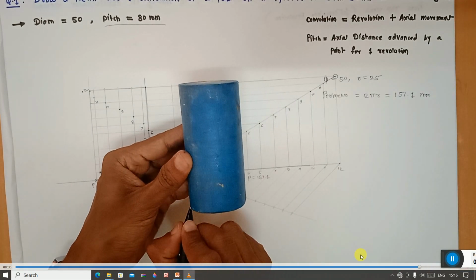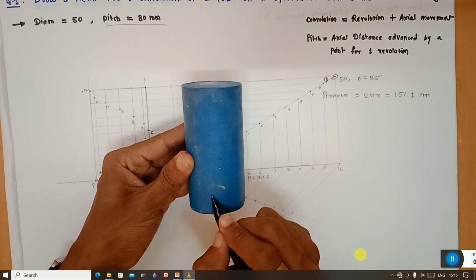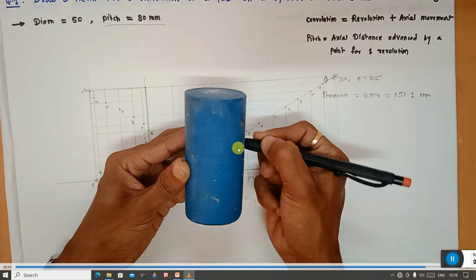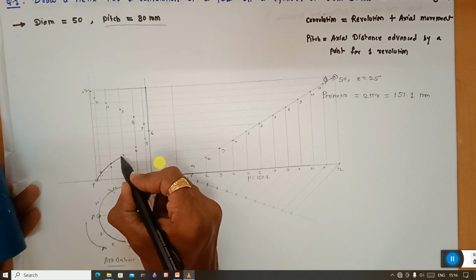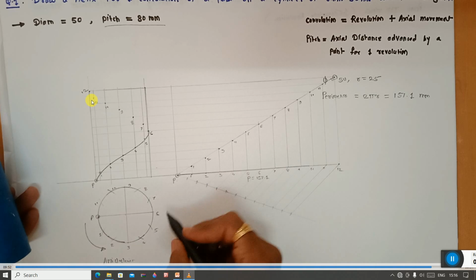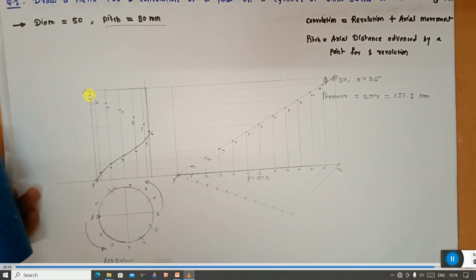So you can see here, this is the first half revolution. So this curve is visible, okay. For the remaining half revolution, the curve is not visible. So connect all these points by a visible line, and the remaining half portion of the curve is a hidden curve.